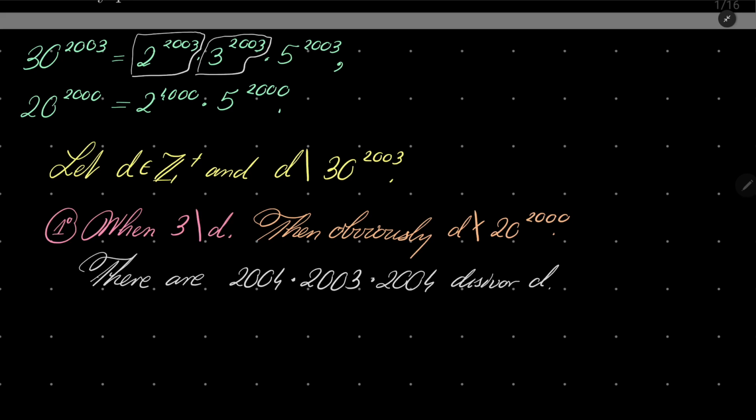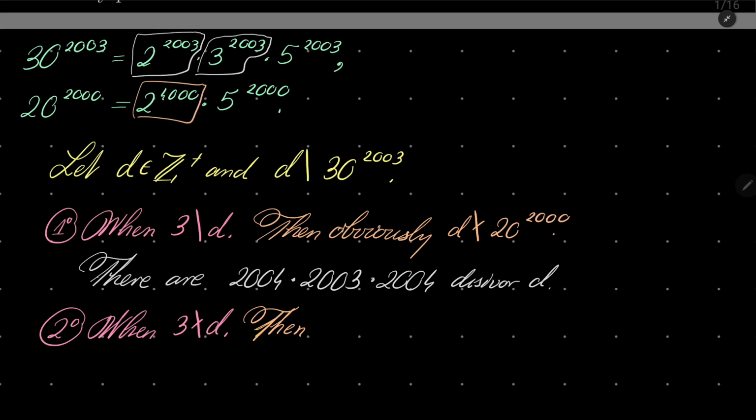It was easier. Second case is when 3 does not divide D. Then, let's take a look. No matter the power of 2 which we take, in 20 to the power 2000 we always have a greater power of 2.